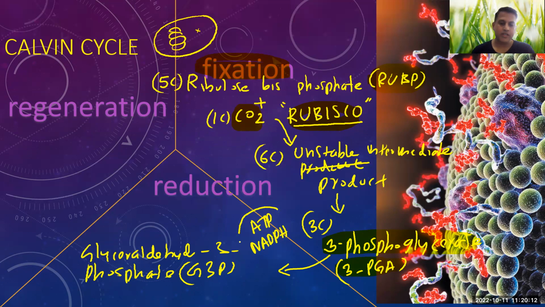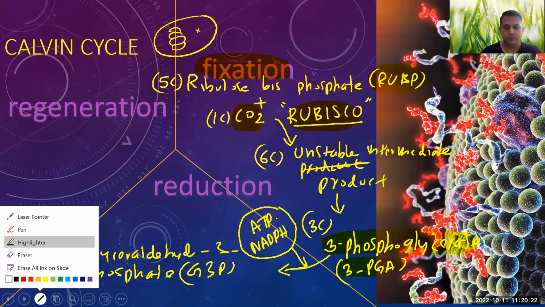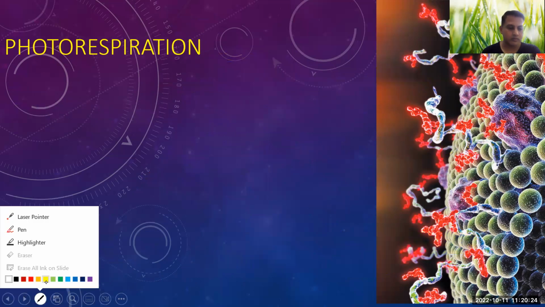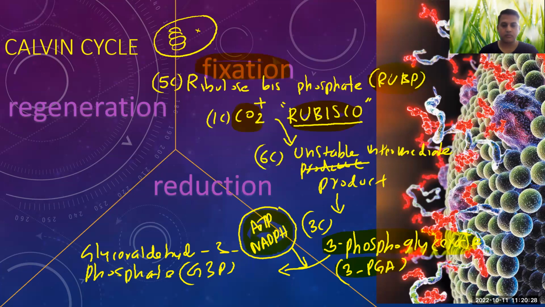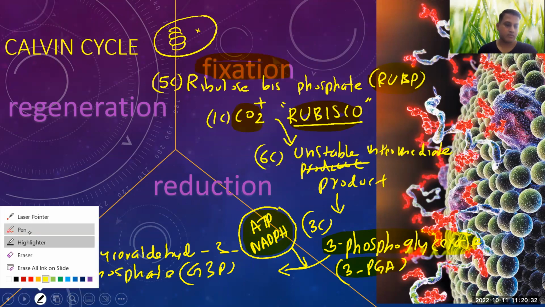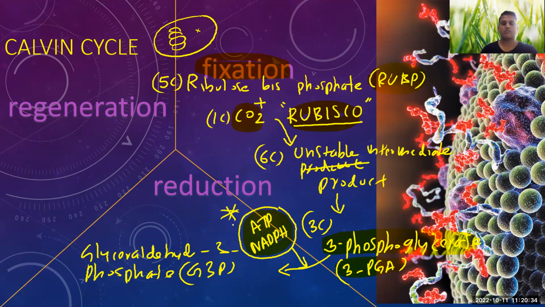These two products come from the light dependent reaction. So ATP and NADPH are provided from the light dependent reaction.